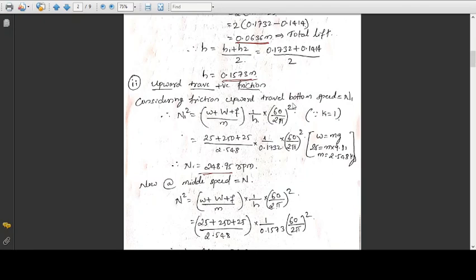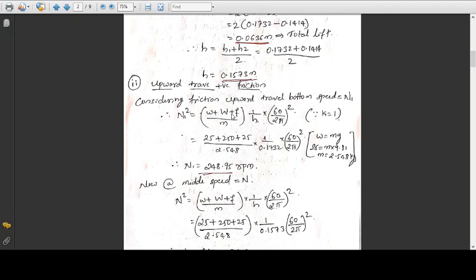travel, the bottom speed we can denote as n1. We have the equation for the speed, n square, so here we replace n by n1. So n1 square equal to w plus f divided by m. In the general equation we have w plus or minus f, but when we have the upward motion, at that time you need to consider this sign as positive.